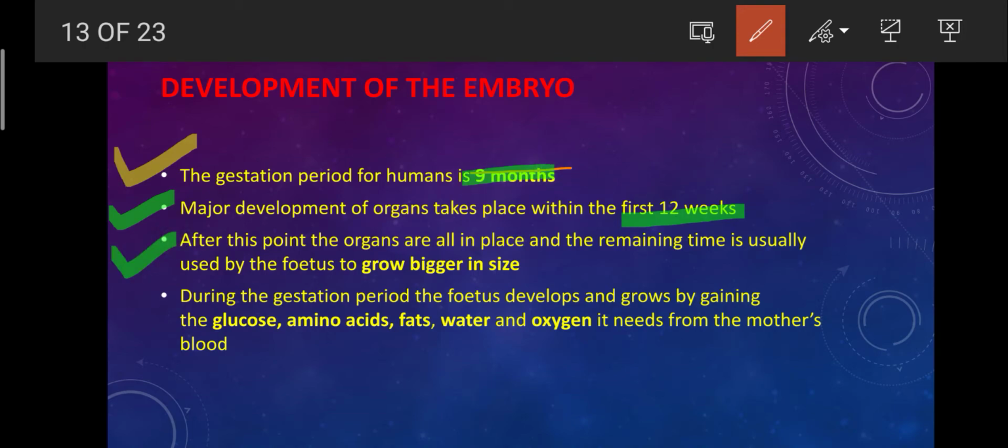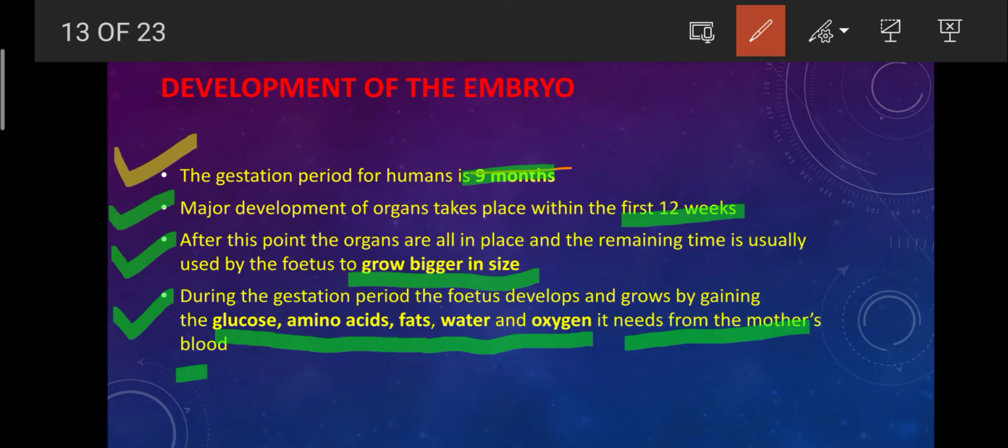After this point, the organs are all in place and the remaining time is usually used by the fetus to grow bigger in size. During the gestation period, the fetus develops and grows by gaining the glucose, amino acids, fats, water and oxygen it needs from the mother's blood.